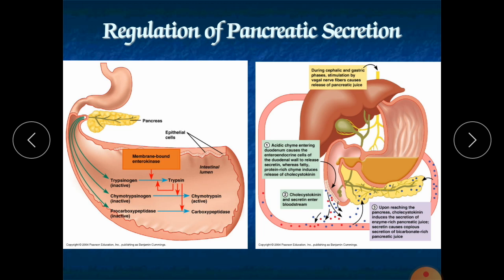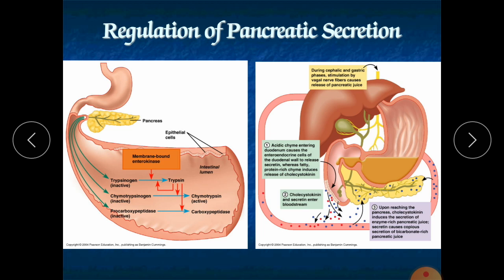Now regulation of pancreatic secretions, that one should know. For protein digesting enzymes like trypsin, which is available in our pancreatic juice, how is it produced? It is converted just like the pepsin developed in the stomach.